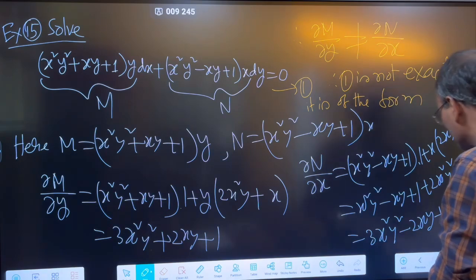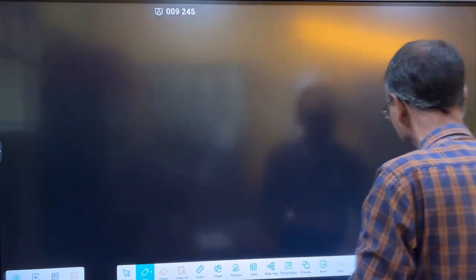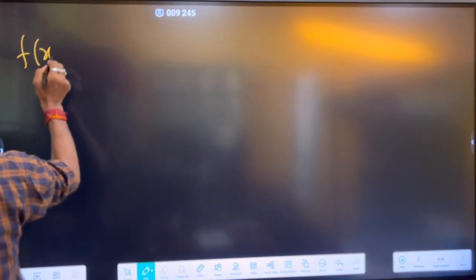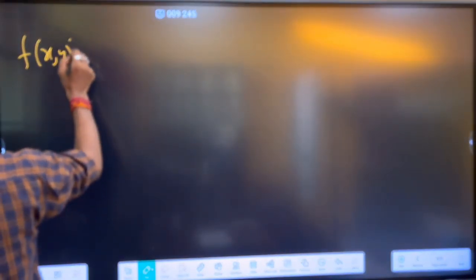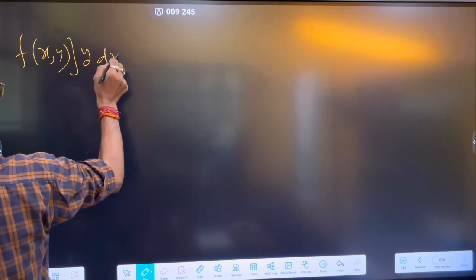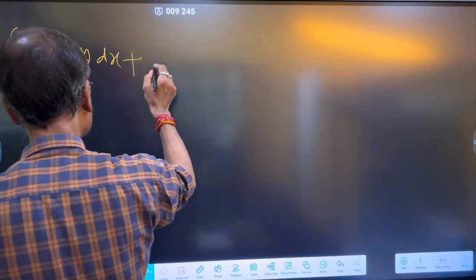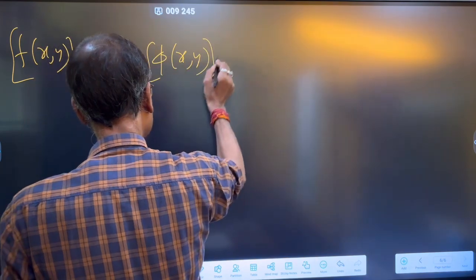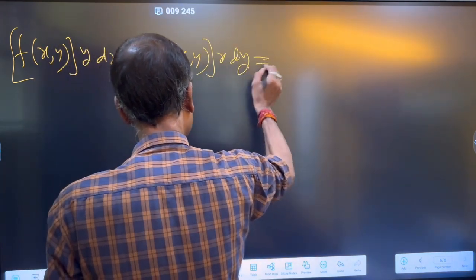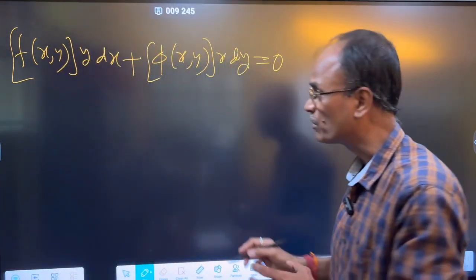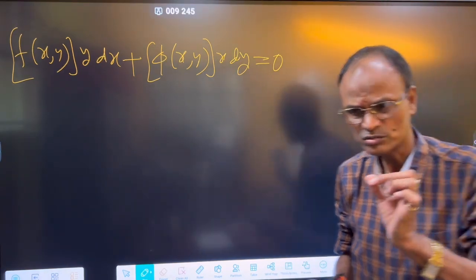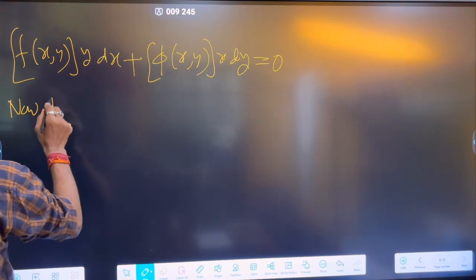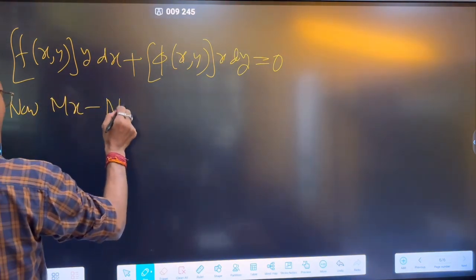Let me write in the next page. It is of the form f of xy, y dx plus phi of xy, x dy equal to 0. Now Mx minus Ny.